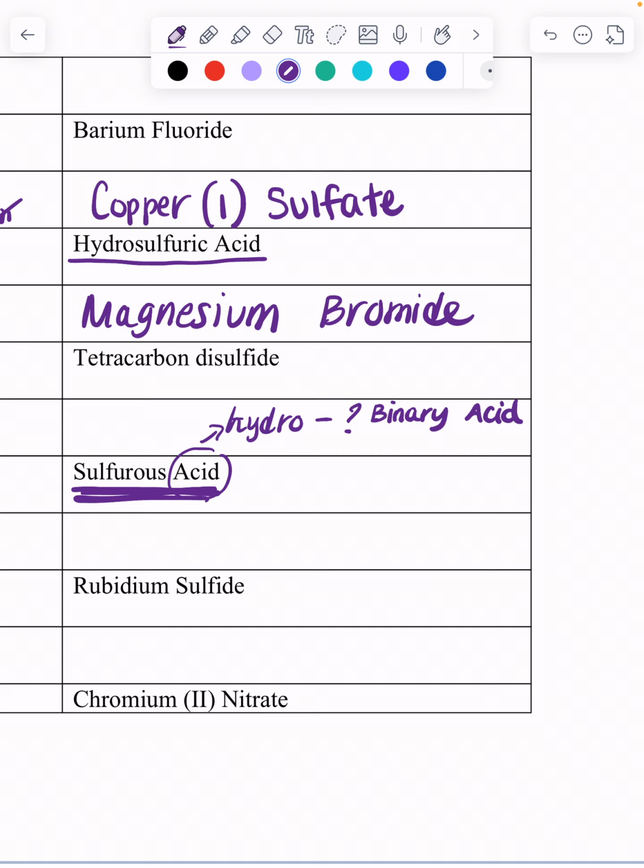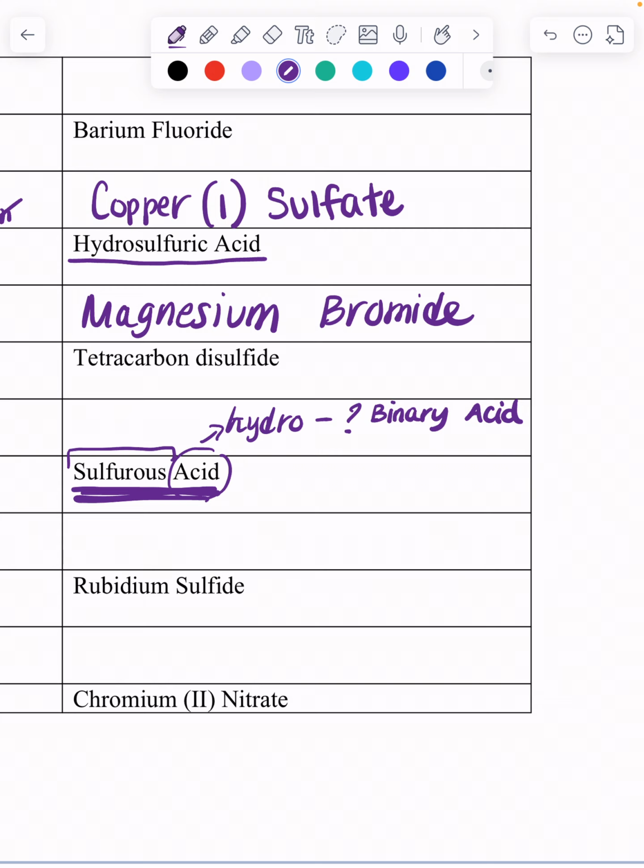So I know that since it's not one element plus hydrogen, it's probably going to have a polyatomic ion in it. Then I have to say, just looking at the word sulfurous, is there any possible polyatomic in there that I know exactly?